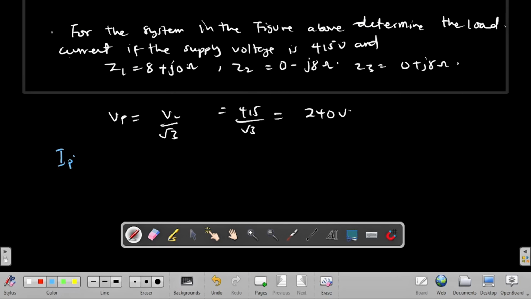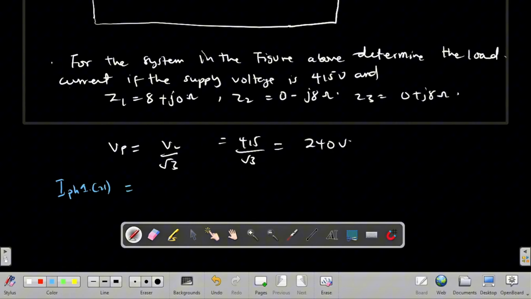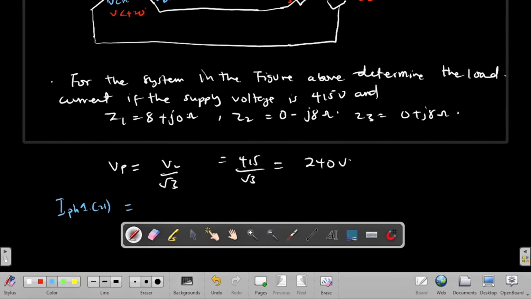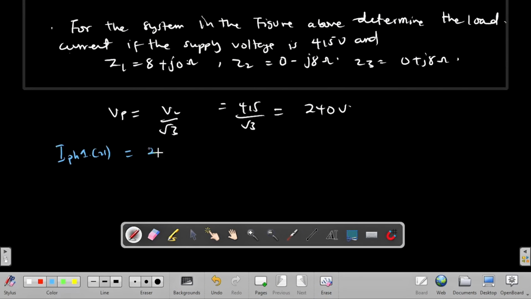So I in phase 1, or Z1. You realize that the voltage coming here is 240 angle 0. So I have 240 angle 0 over my impedance. So I is equal to VP over Z, I forgot to write that.